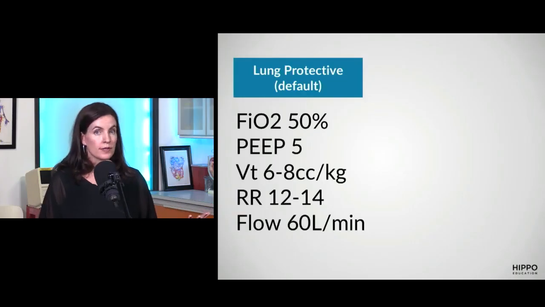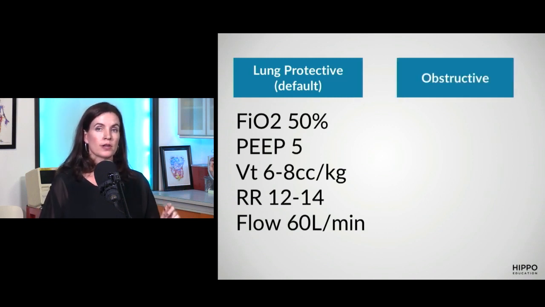Sounds great. Awesome. So we've discussed these initial settings as what I use for my default patient when I want to provide lung protective ventilation. I do want to remind you about patients who have obstructive lung disease. And these are your patients with COPD or asthma, because I do start slightly differently for these patients.